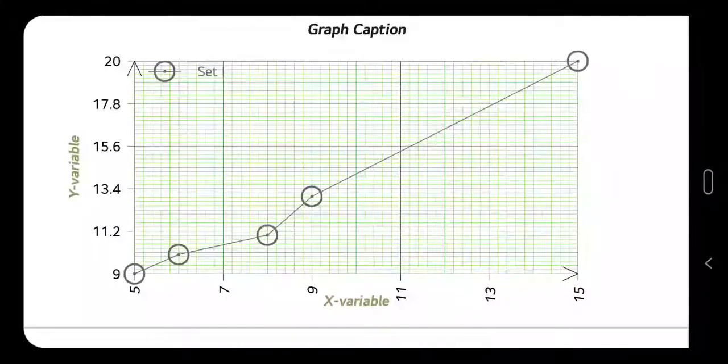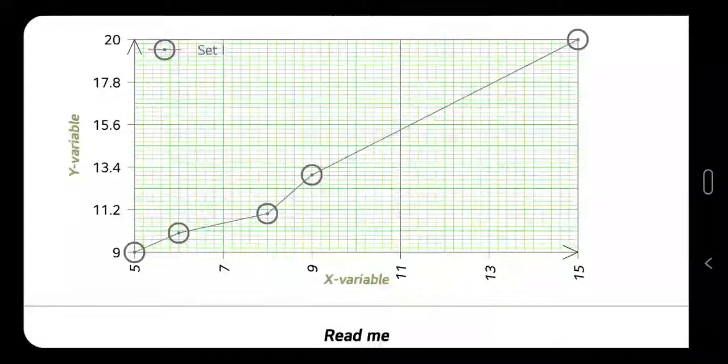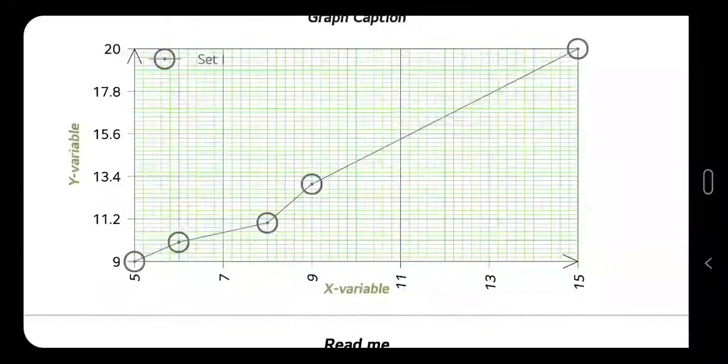But one thing you must notice is the difference between these values. In the x variable, 5 to 7 the difference is 2, 7 to 9 the difference is 2, 9 to 11 the difference is 2. So the difference has to be the same. In the y variable also, 11.2 minus 9, and 13.4 minus 11.2, the same thing should come.